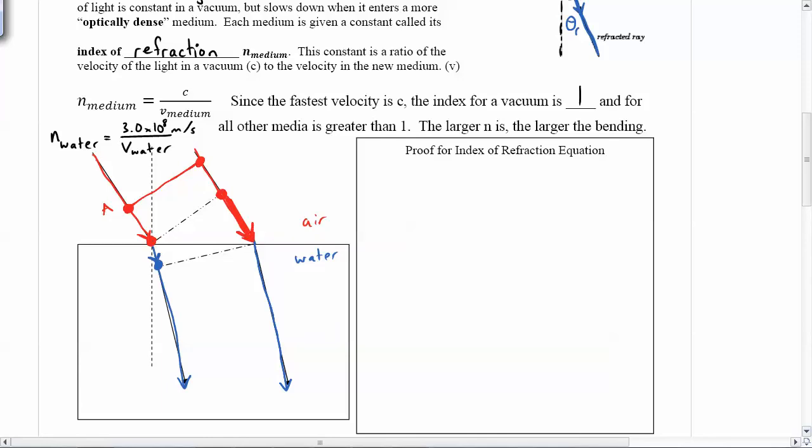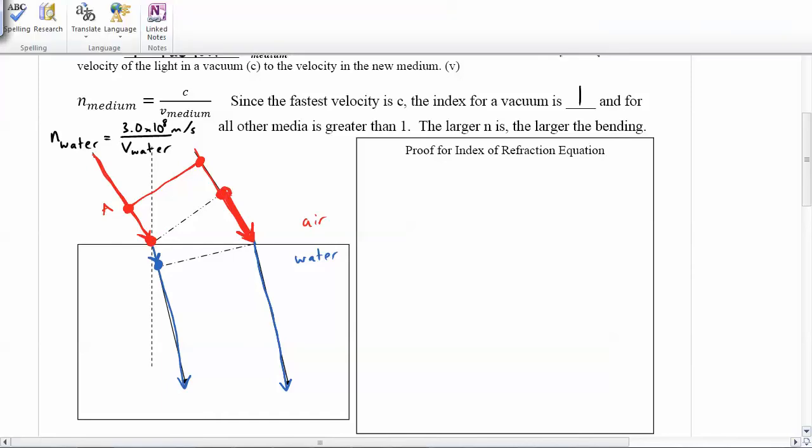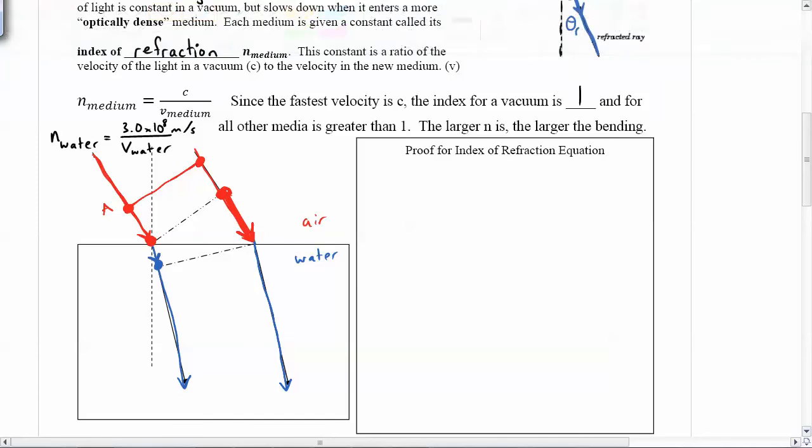So the first ray will come to the surface, while the corresponding point on the other ray still has a bunch of catching up to do. As soon as that ray hits the surface, it's going to slow down and cover a shorter distance, and by the time it's gone that short distance, the other ray will have caught up.